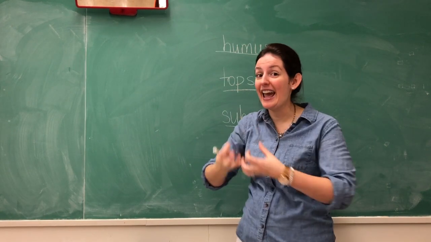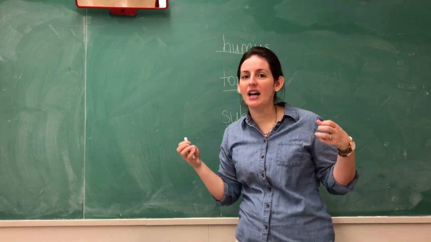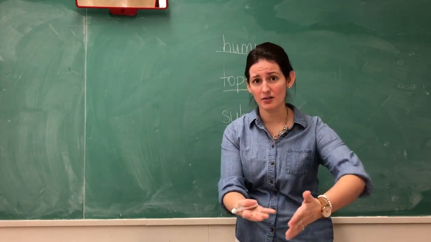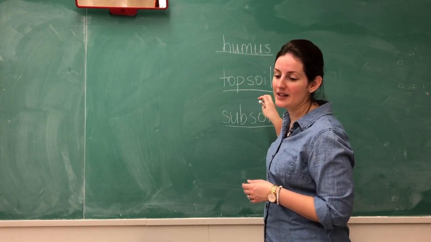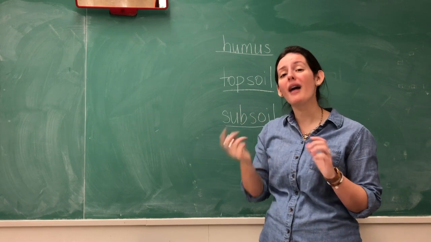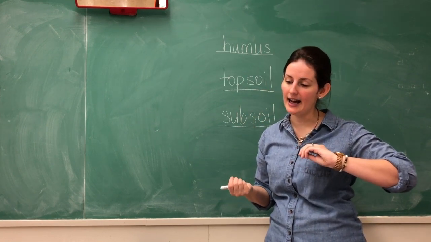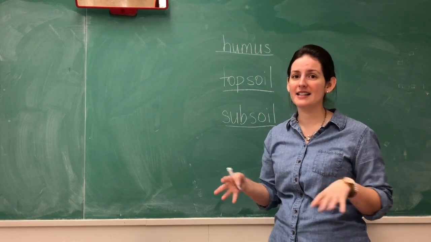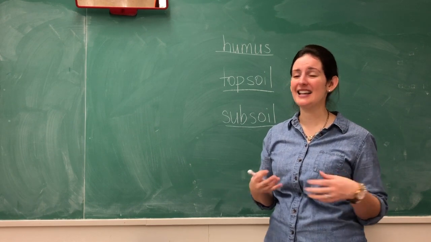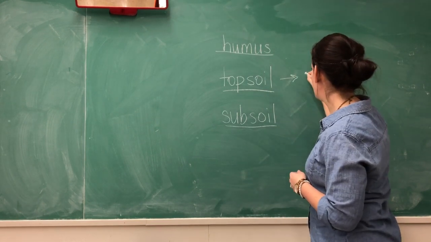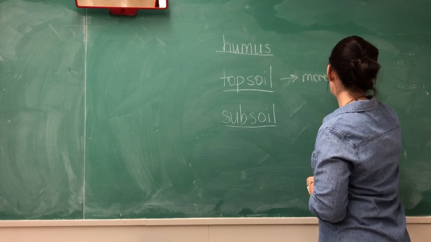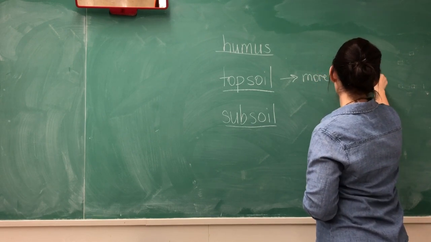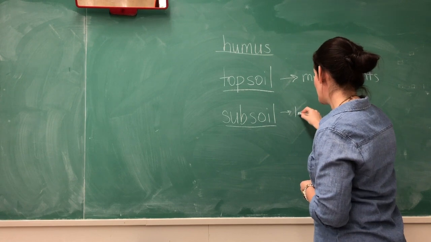Humus, when it decays, it brings a ton of nutrients. We'll keep using that word. And that goes into the topsoil. The subsoil has more gravel in it. It has more rocks, it has less living things, and it has less nutrients. So big one, more nutrients. And subsoil is like just less nutrients.